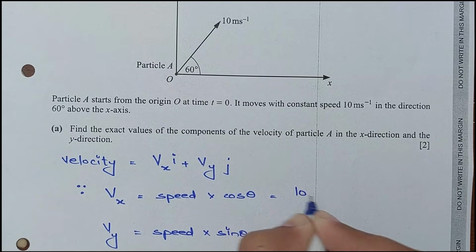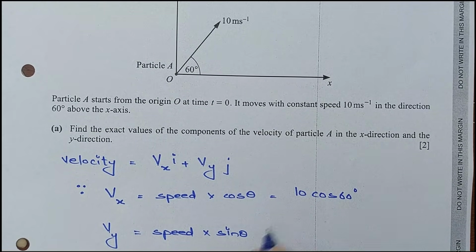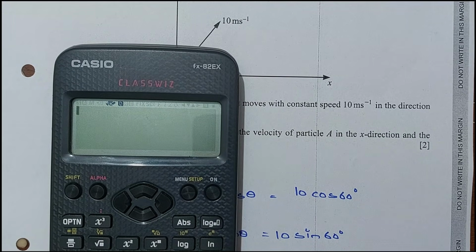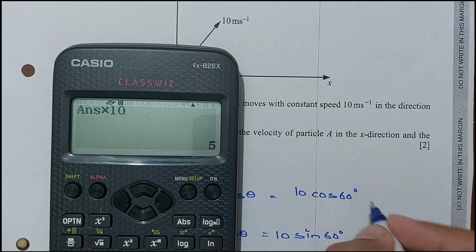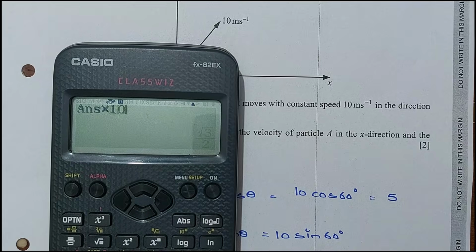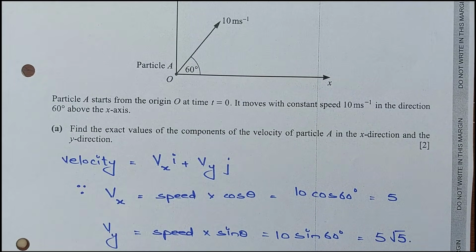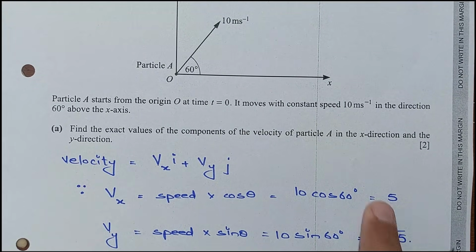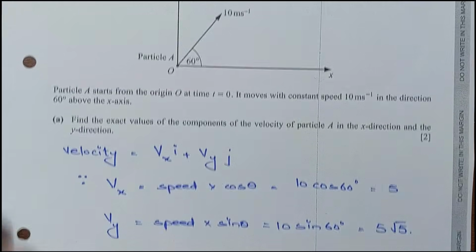The speed is 10 and theta is 60 degrees. My calculator is in radians, so convert to degrees. Cos of 60 is 1 by 2, times 10 equals 5. And sine 60 times 10 is 5 root 3. So we have the exact values of the velocity components in the x direction and in the y direction.